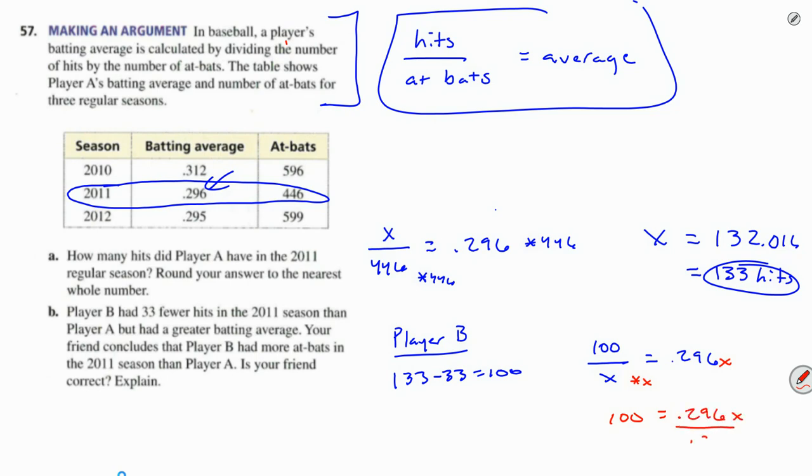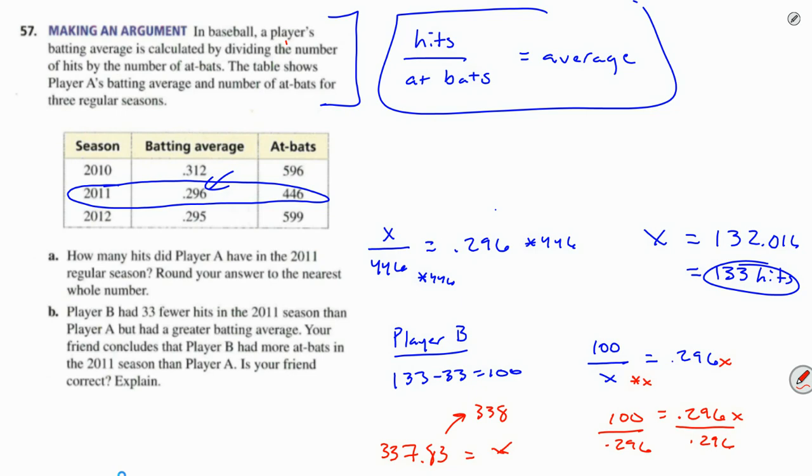Then we're going to divide both sides by 0.296. And we should get something like x equals, to just have the exact same batting average as player A, we'd round up to 338.